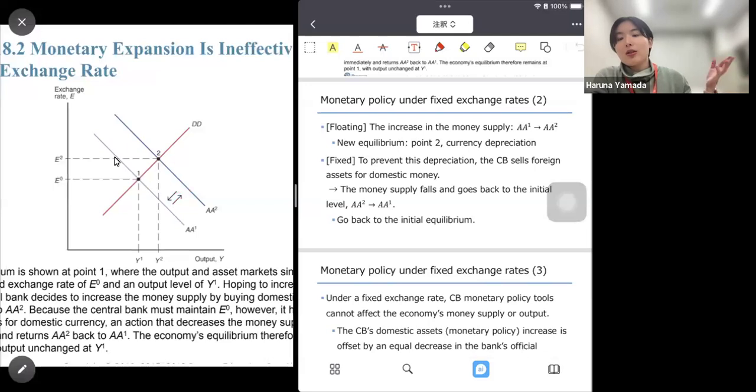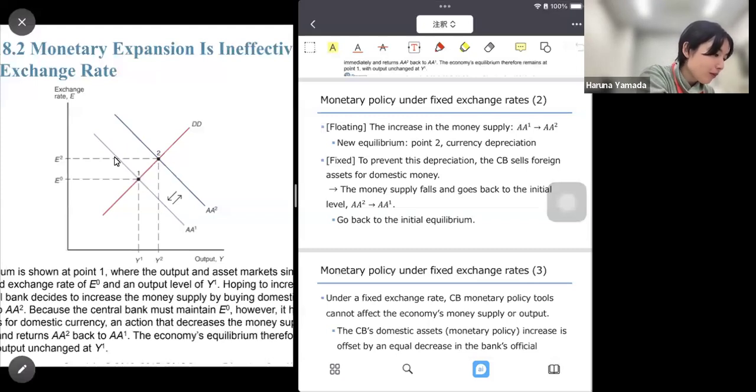But now we are considering a fixed exchange rate. Under the fixed exchange rate, such depreciation is not allowed. So to prevent this depreciation, the central bank sells foreign assets for domestic money. Then the money supply falls and goes back to the initial level.